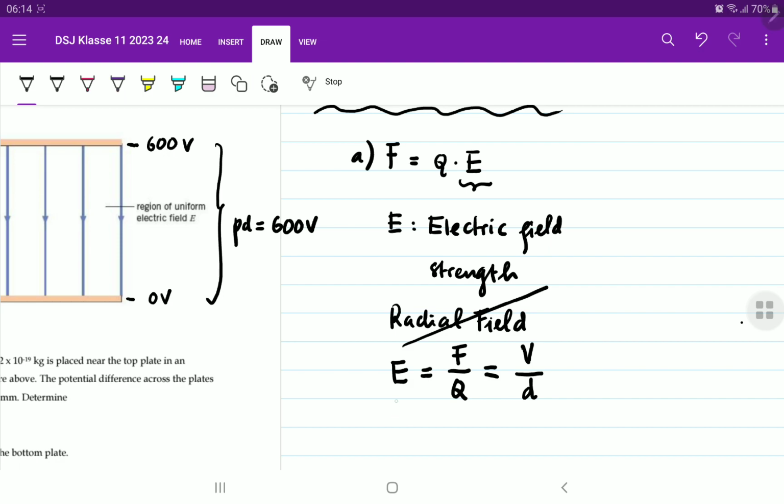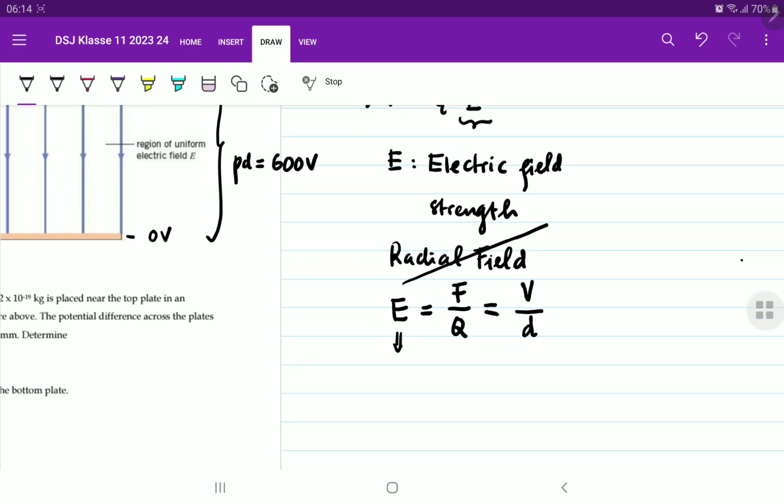So this electric field strength, once more, is for the homogeneous field, including the one in the capacitor.